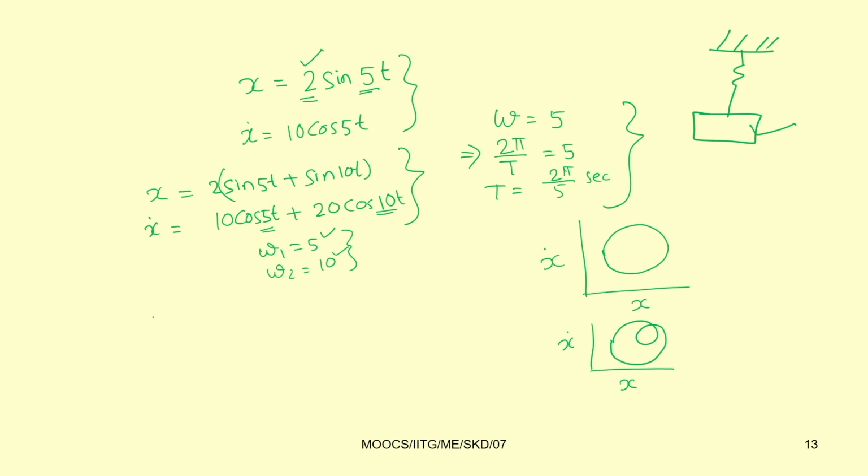But if you take a two-frequency response in this way, 2 sin 5t plus 2 sin 5 root 2 t, then x dot will be equal to 10 cos 5t plus 10 root 2 cos 5 root 2 t.